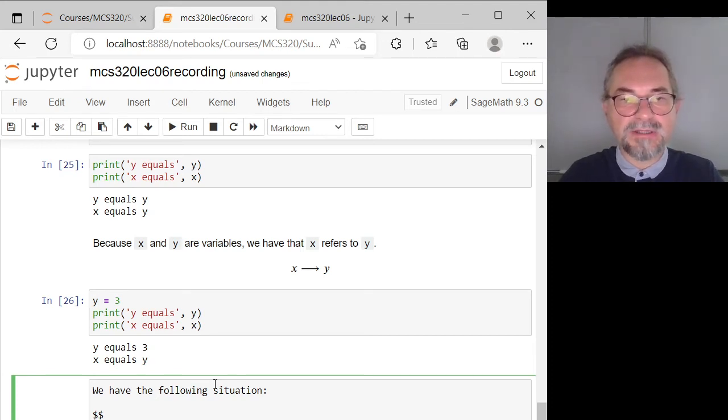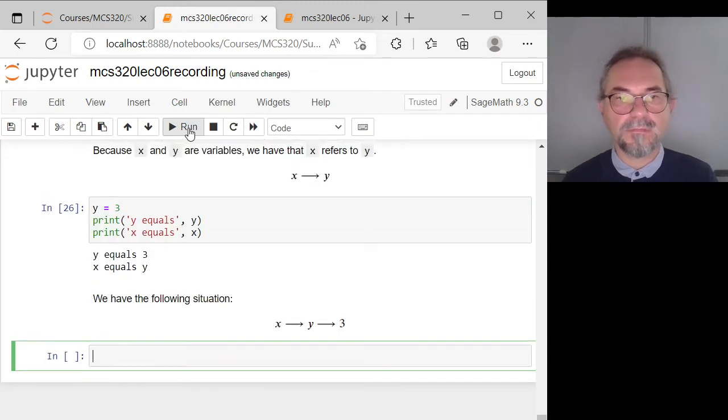We have x referring to y and y referring to 3. Okay, so how can I check this? Well, suppose that I would do z equals x.